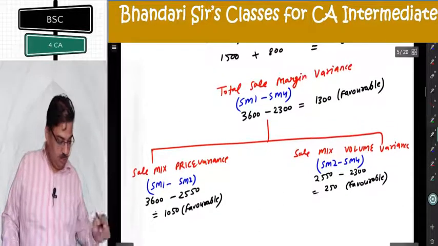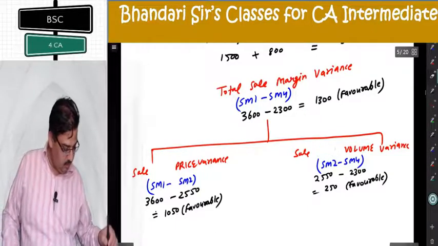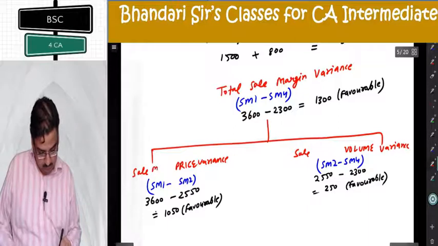It's sale margin, not mix. This is wrongly written here. Sale margin price variance, sale margin volume variance.